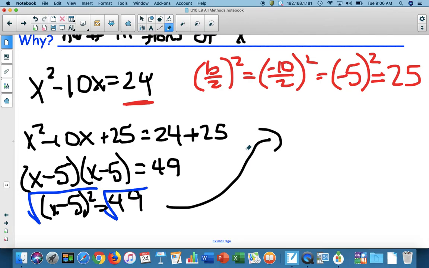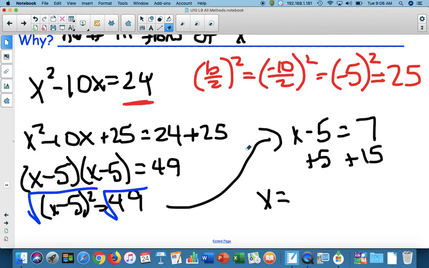And you get x minus 5 is equal to plus or minus 7, because 49 is a perfect square, and the square root of 49 is 7. So now we add 5 to both sides. Please be careful here. Even though we have a perfect square, we still have to add certain things. So I still have to add 5 to both sides, and I still have to remember the plus or minus.